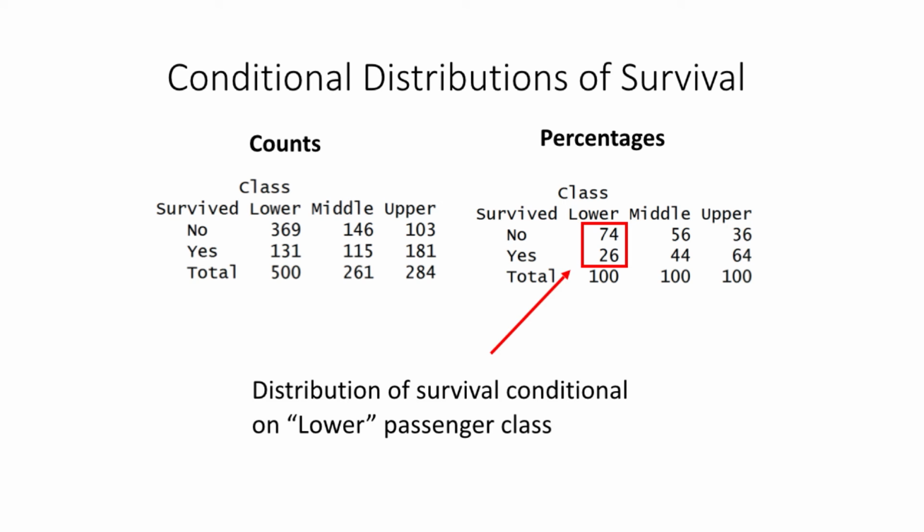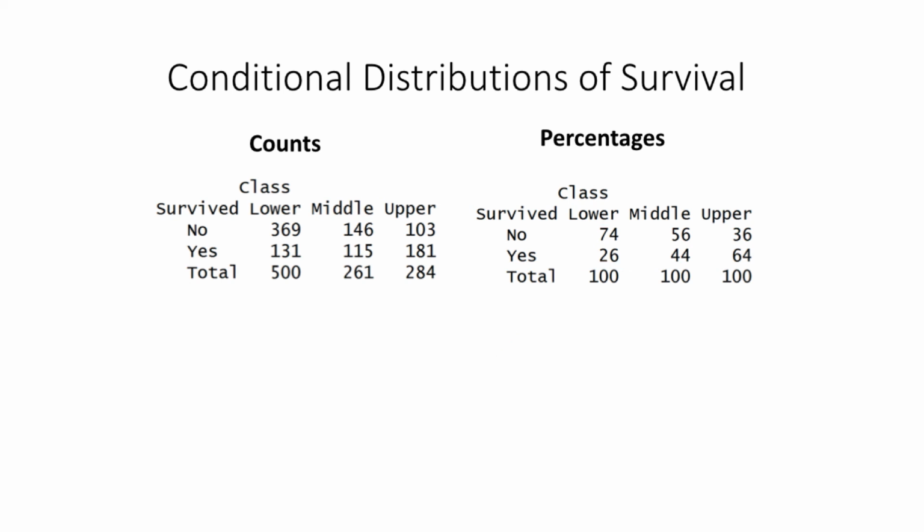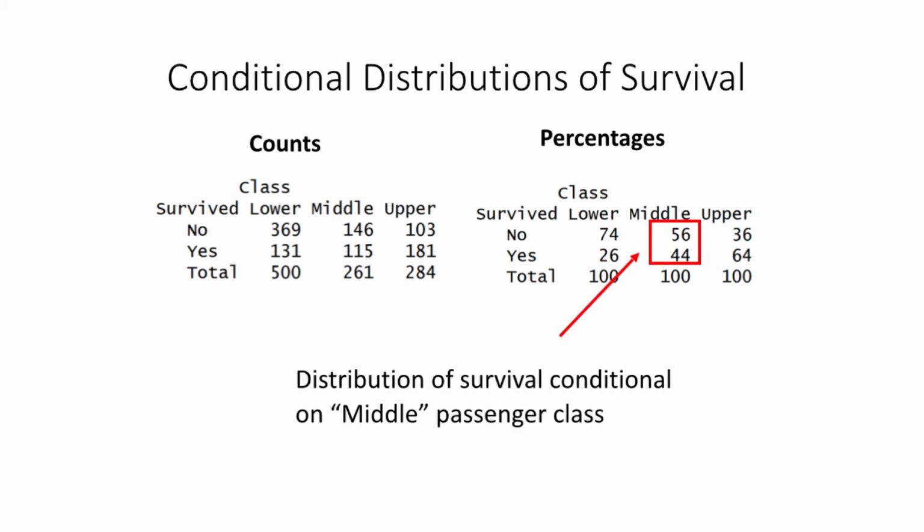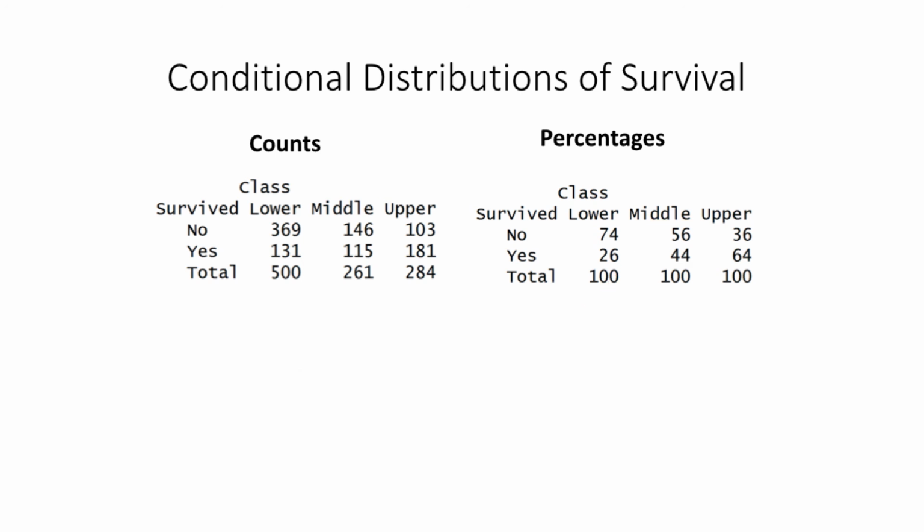We also have conditional distributions of survival. When we condition on a particular passenger class, we have this distribution of surviving, and then another conditional distribution of survival for each of the other classes. The whole point is that distributions are another way to talk about a contingency table.